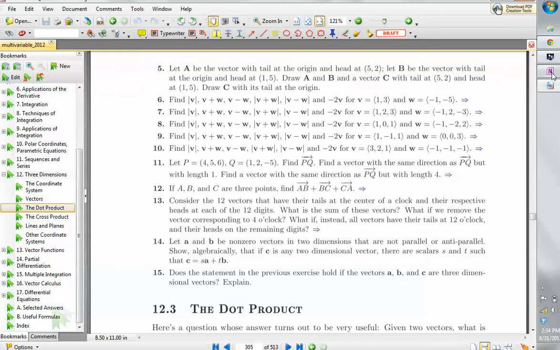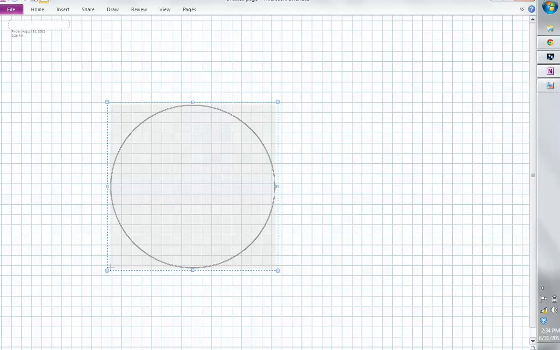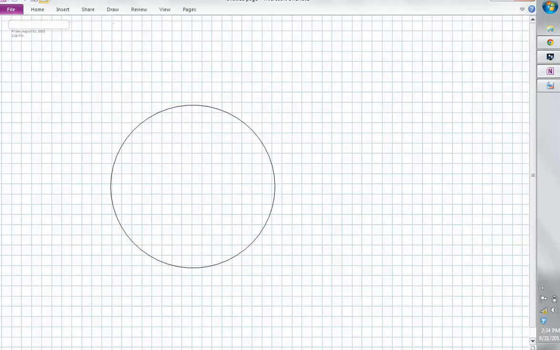Well, let's have a look at it here. So let me get my hands on a circle here, and let's see. So you've got some important places on the circle. You've got the cardinal points, but then you've also got these intermediate points, and they're all separated by what, 30 degrees?